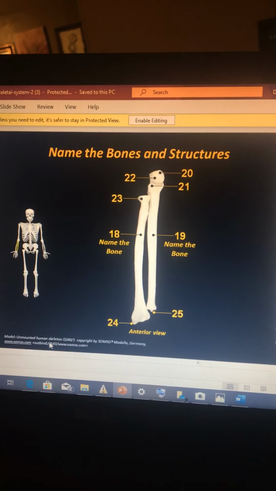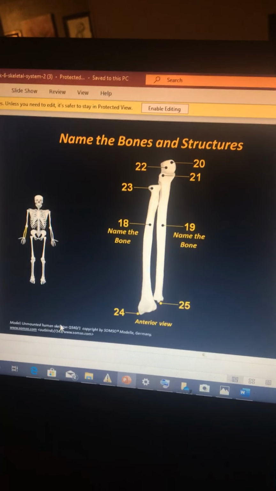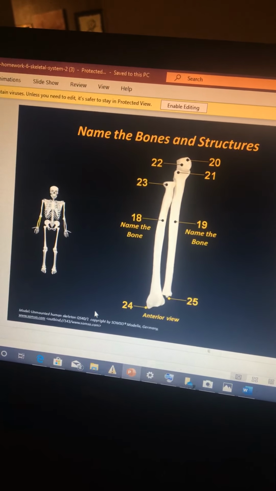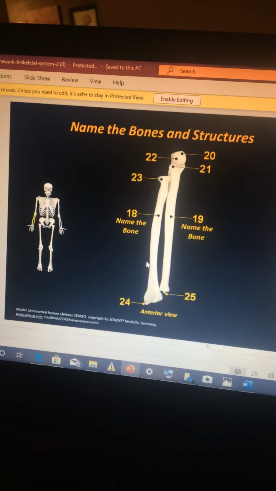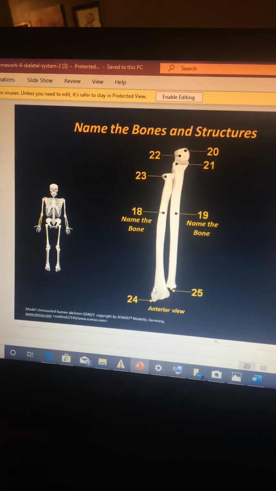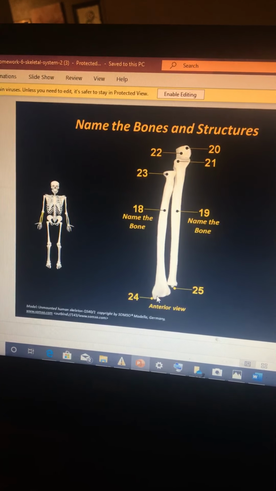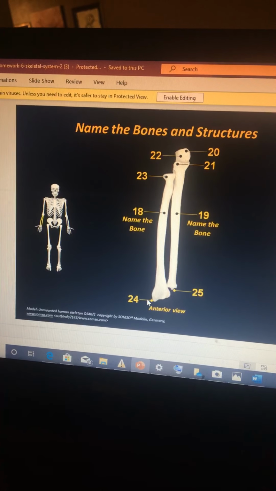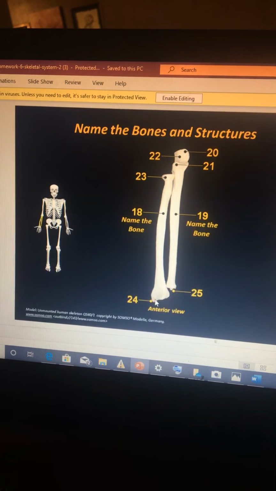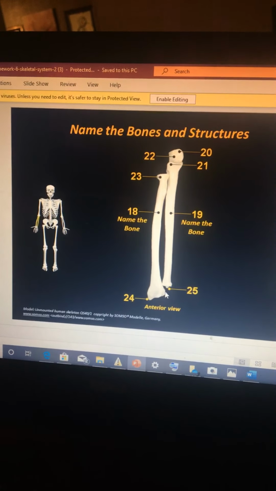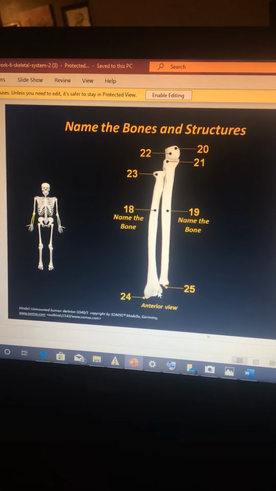Next, we're going to talk about the radius. The radius is right here. This is the radius. The radius has a styloid process down here. It also has an articular facet down here.